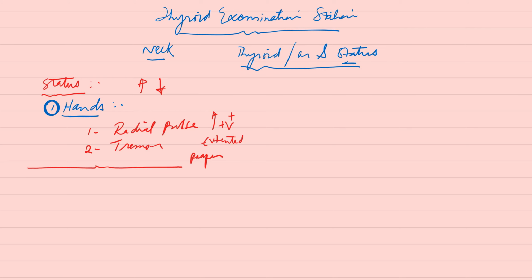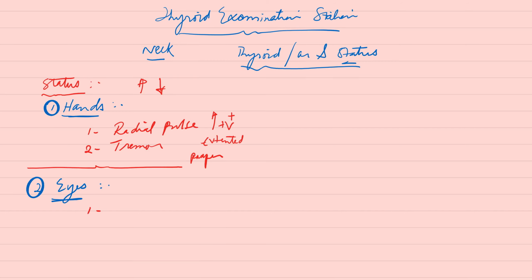So the second step in which you are going to check for the status is you are going to examine the eyes. And in the eyes we have three things to see.